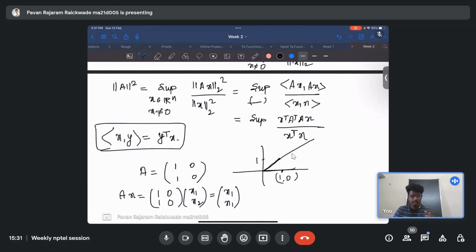If you think in terms of norms, the norm of this vector is 1, but this one has norm √2. So it is projecting the vector onto the subspace y equals x, but scaling its norm by √2 at the same time.